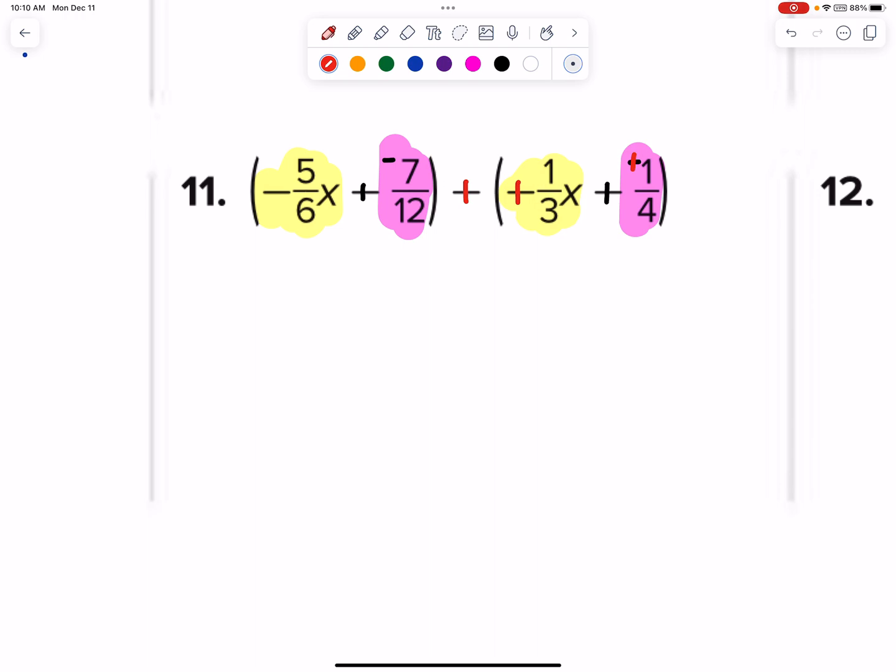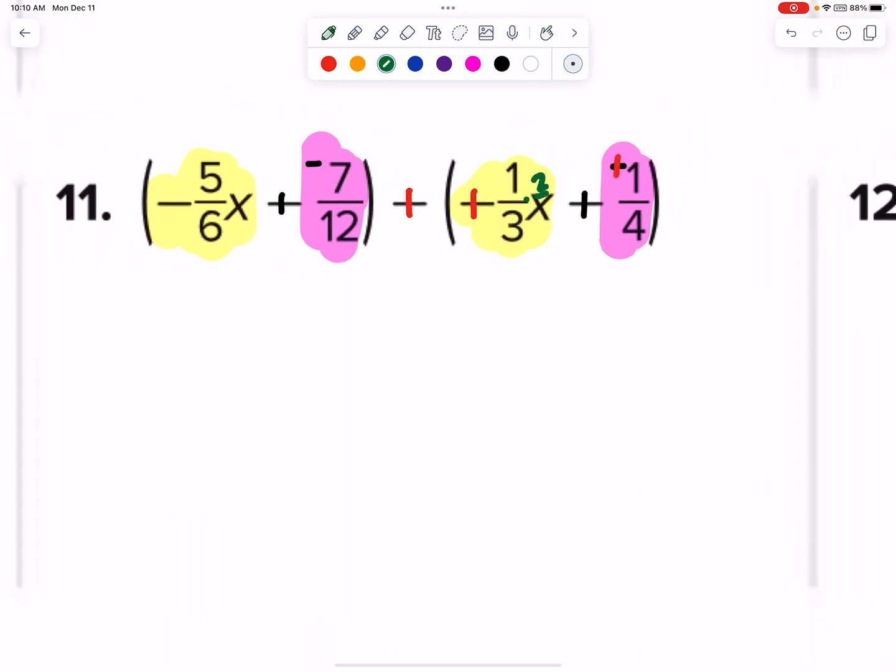We need to get some common denominators here to add our x club. So a quick times 2/2 puts us at 2/6 x. I'm going to do the constant club as well, just to be ready for it. I need to make 12ths so that I can add those. So times 3/3 puts us at 3/12.